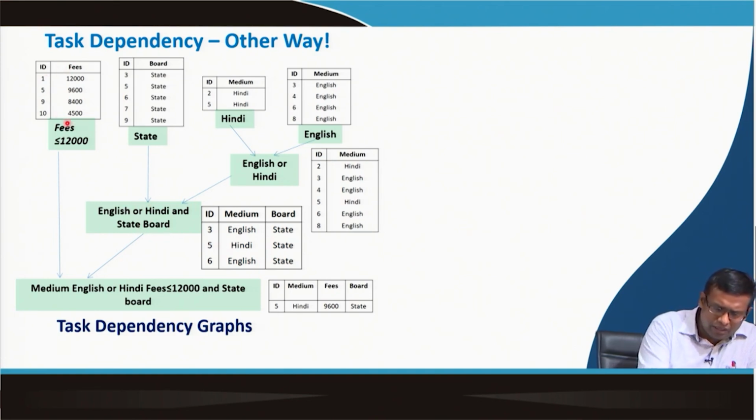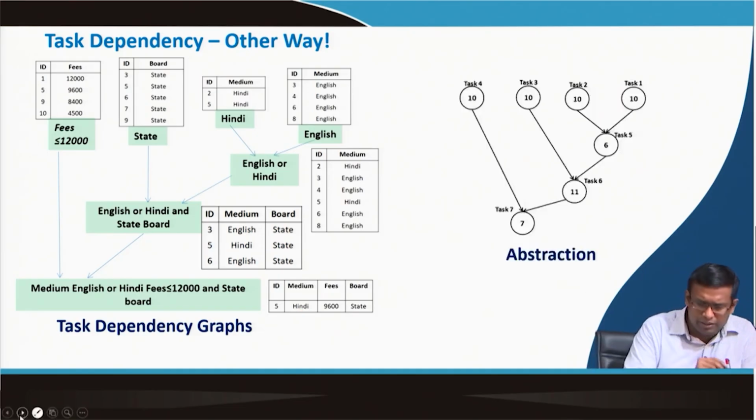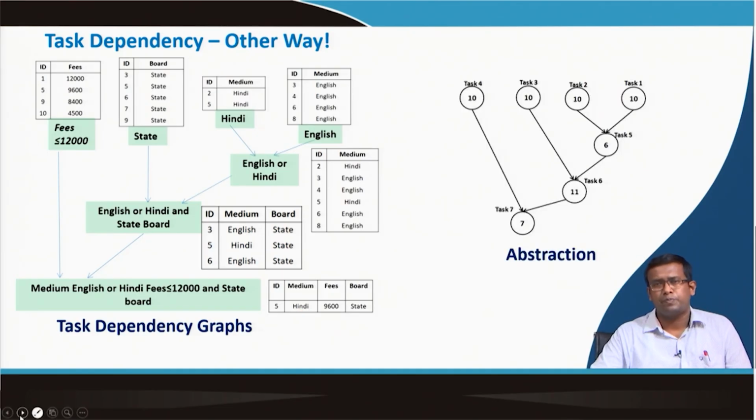Then you take the list of the schools whose fee is less than or equal to 12,000 and get an intersection of these 2 sets and get that done. So, you get another task dependency graph out of here.